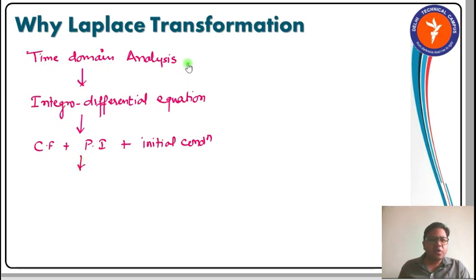So in the time domain analysis we have integral differential equations, and their solution can be found using the complementary function, particular integral, and initial conditions, and this poses very difficult mathematical problems.